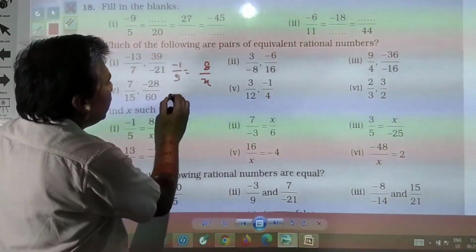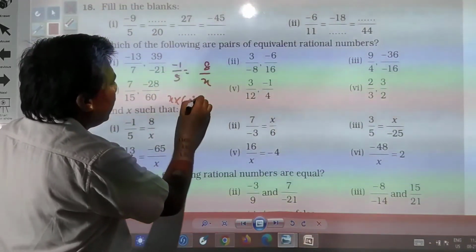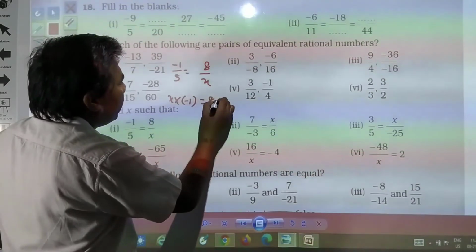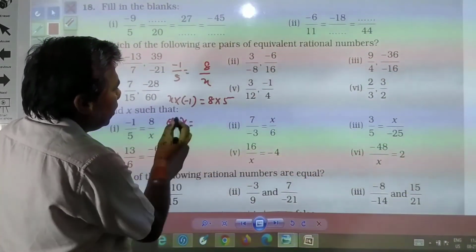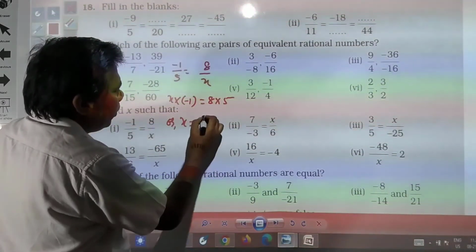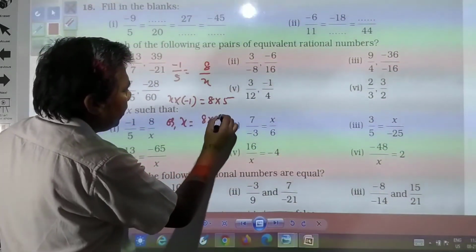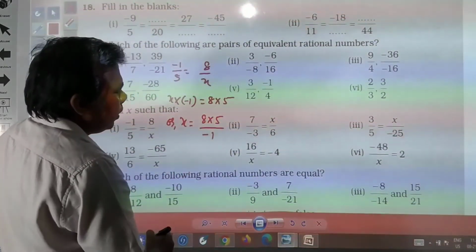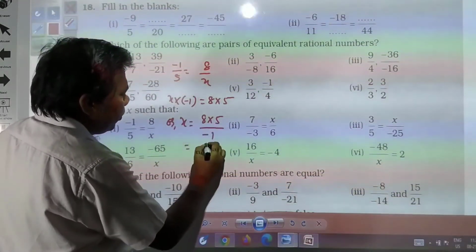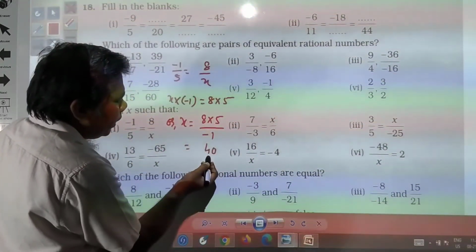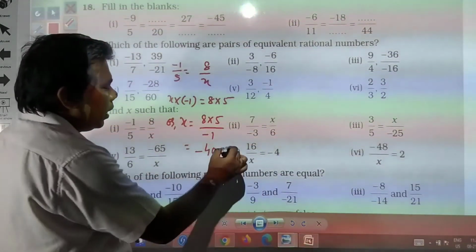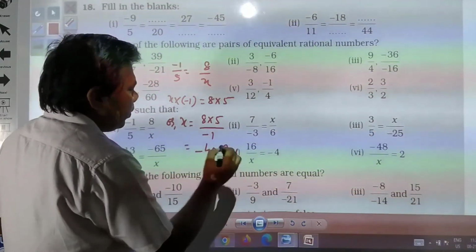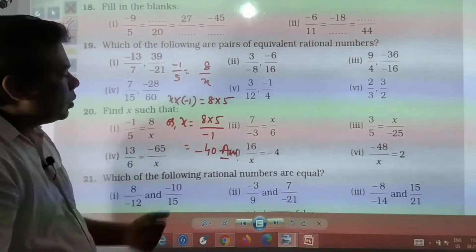What we will do, x × -1 = 8 × 5, or x will be what? This will go in denominator, 8 × 5 divided by -1. It means 8 × 5 is 40, and if you are dividing 40 by -1, it will become -40, and this will be your answer. So in this way this is required to be solved.